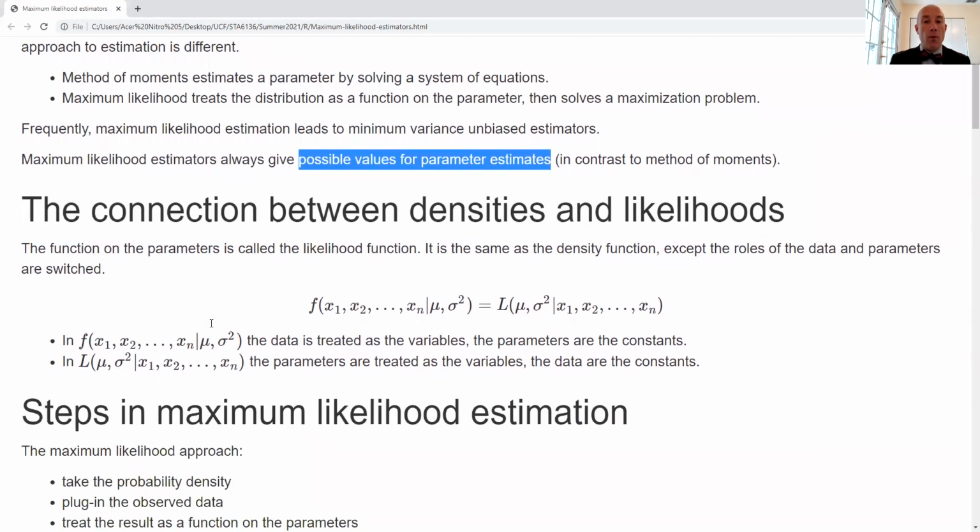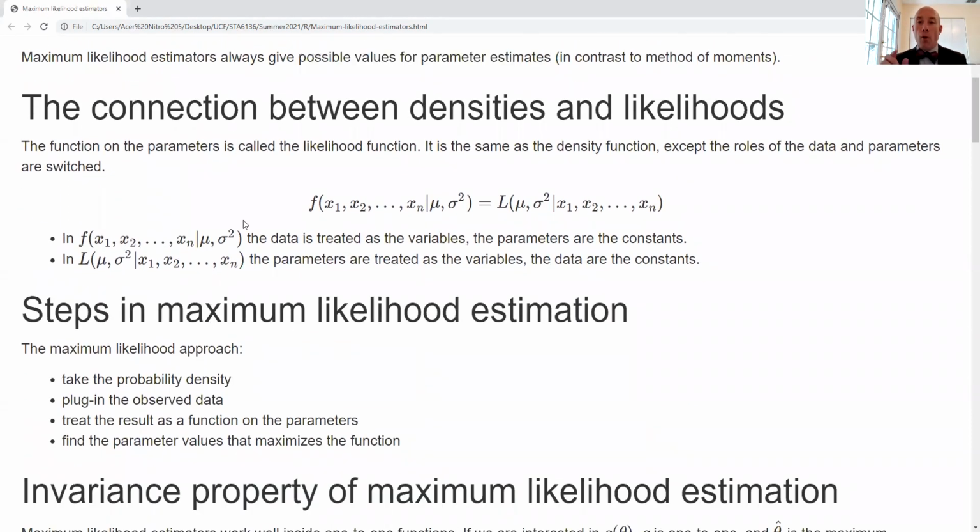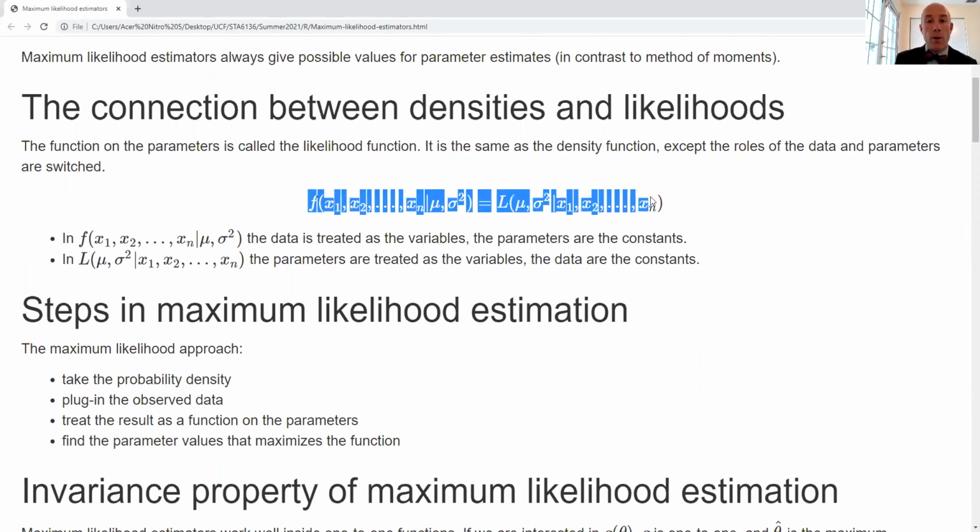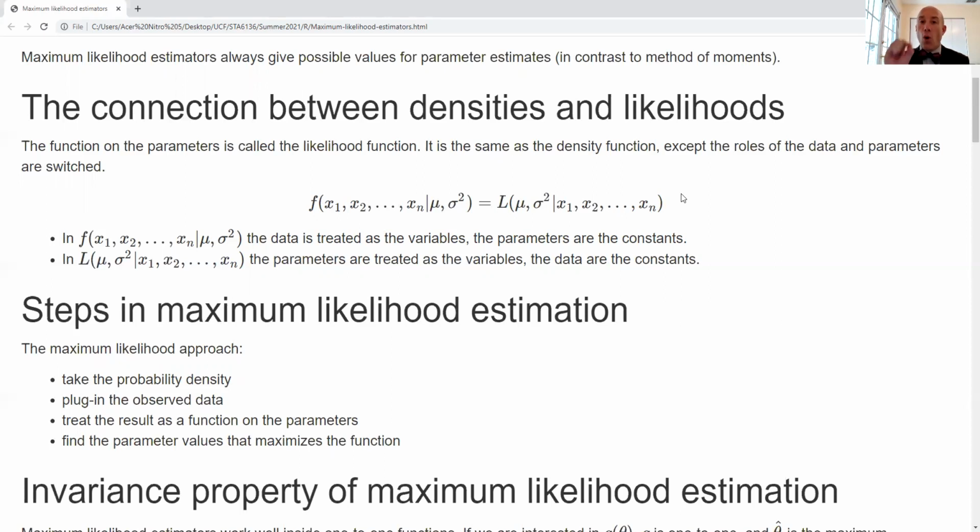Okay, so now let's connect probability distribution functions and likelihoods. This equation right here doesn't really highlight very well on this, but this is really the core of maximum likelihood estimation. Over here on the left is the probability distribution function for the entire data set.